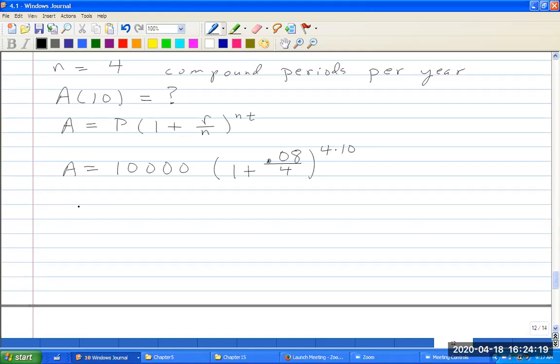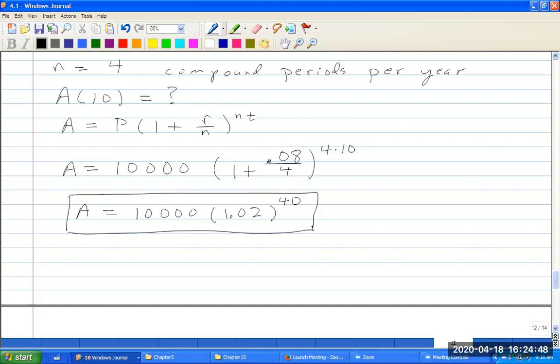Okay, so A equals 10,000 times 1 plus 0.08 divided by 4, which is 0.02. And so 1.02 to the power 4 times 10, which is 40. And so that's the amount. But usually we don't give that in that form. We multiply it out. So let's plug that into our calculator.